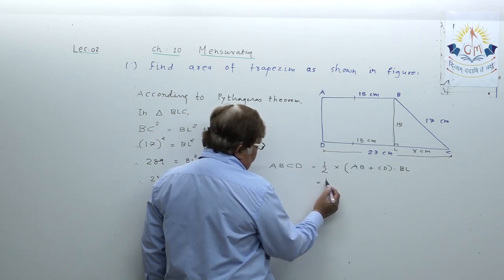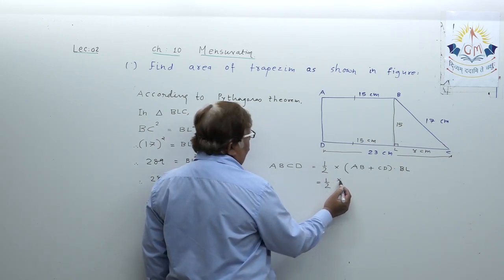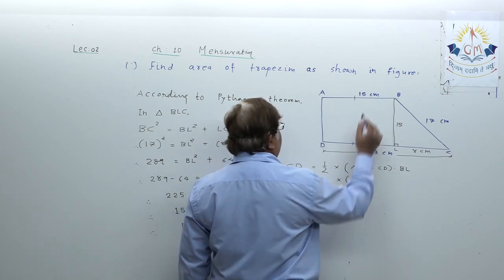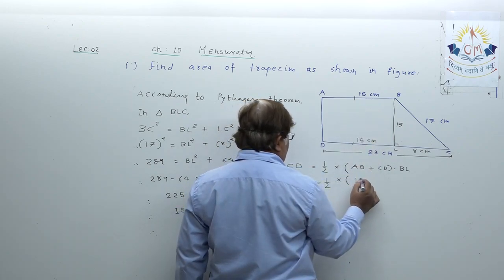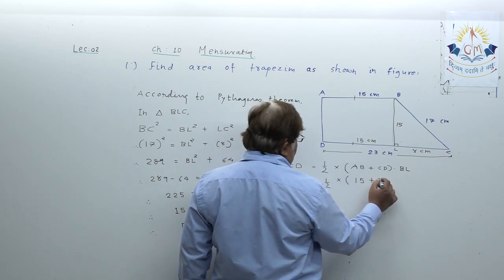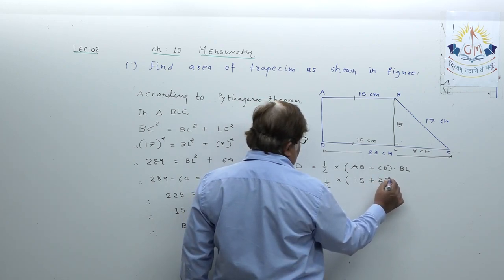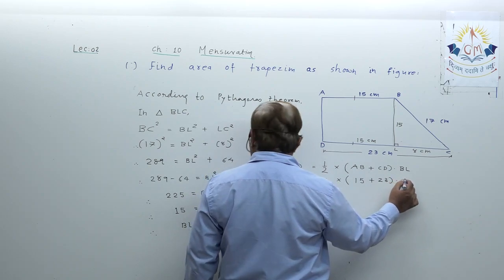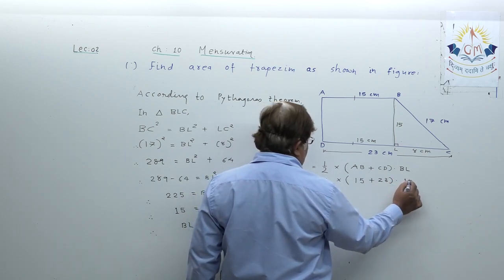So let us substitute the value. Half into AB was given 15, CD 23, BL you found as 15, okay.